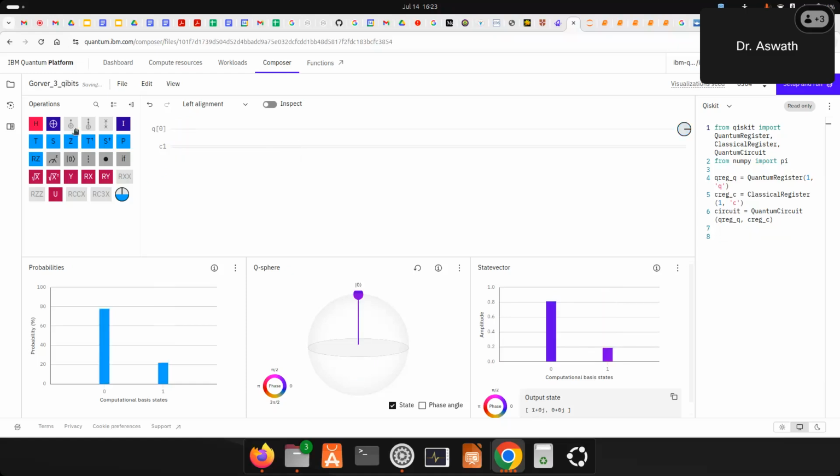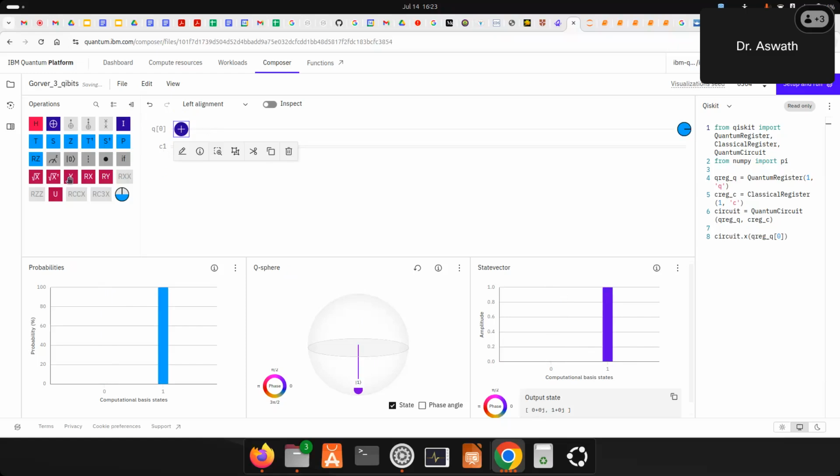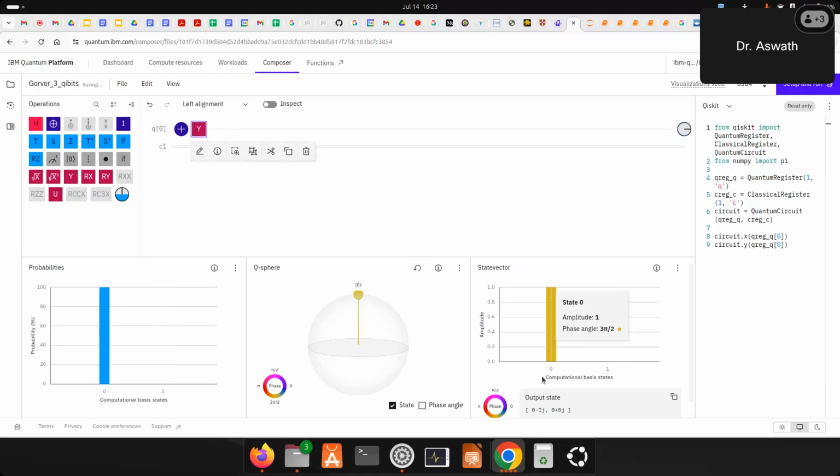Remove that. Now take the 1 bit. Take a Y gate and act on that. Now I should see 1 becoming 0, and there is also a phase acquired, which is 3 pi by 2. So this is the Y gate operation.